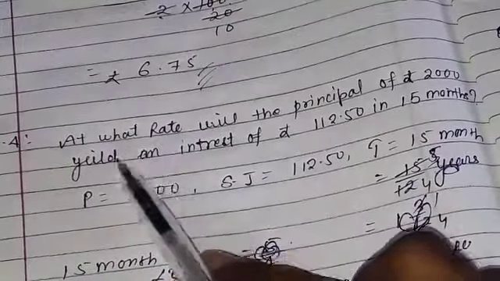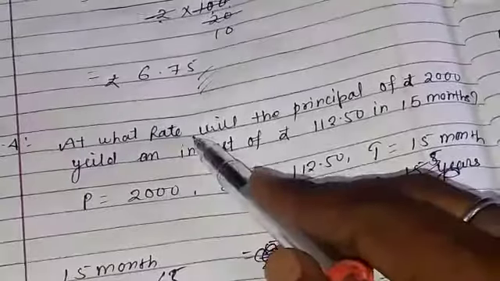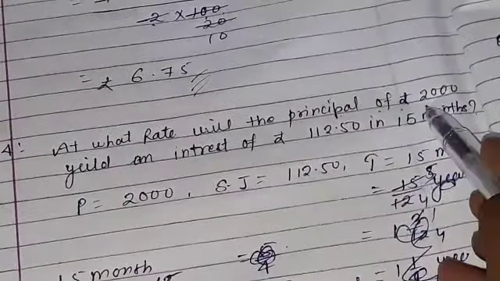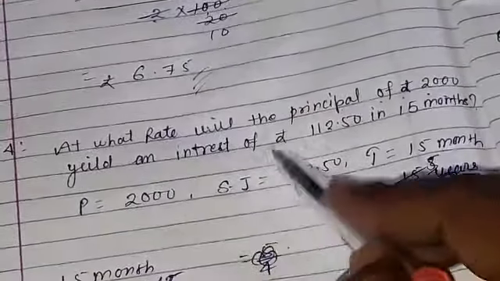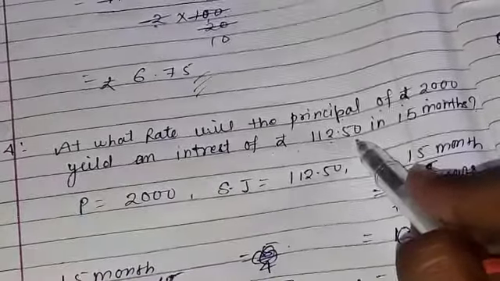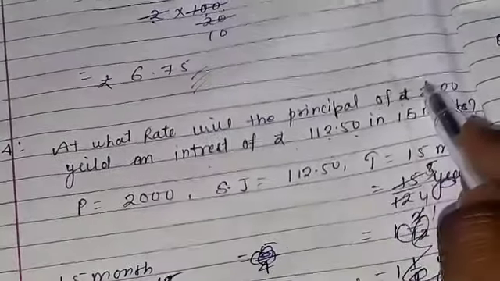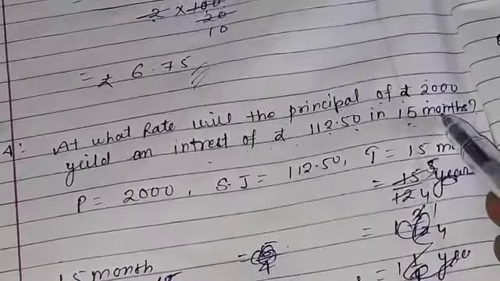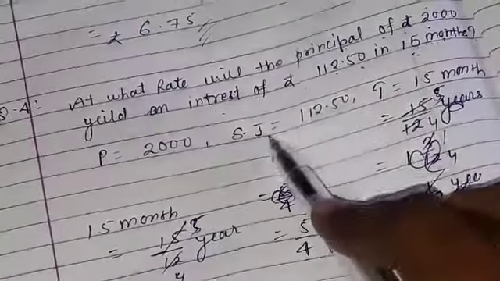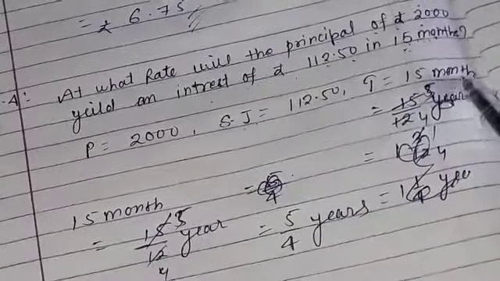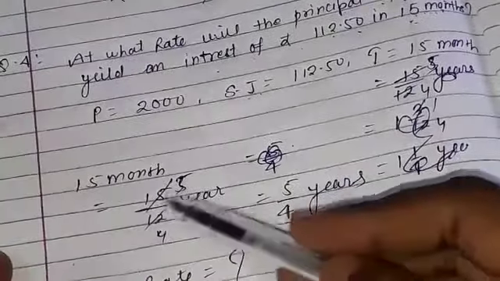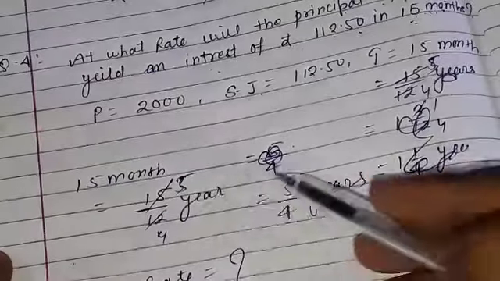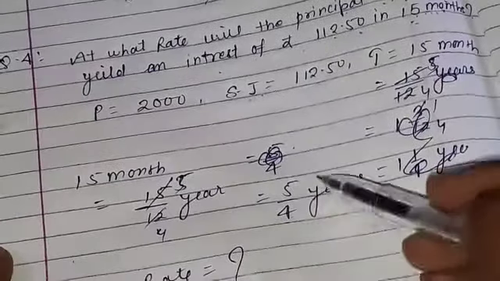Next question is, at what rate? You have to find your rate. Principal of 2000, yield an interest of rupees 112.50. They give you interest, they give you principal, they give you time as 15 months. Convert that into years. So P is equal to 2000, simple interest 112.50, T is equal to 15 months. So 15 months means 15 upon 12 years, 5 upon 4 years.